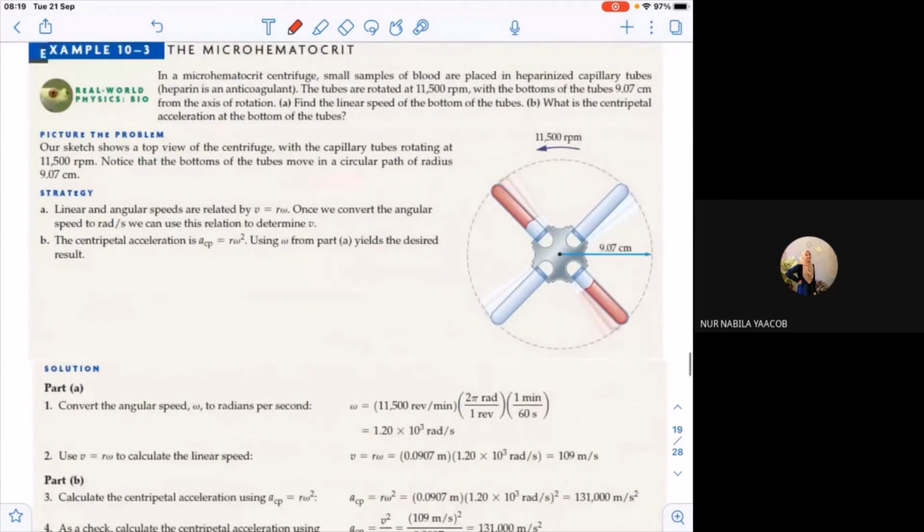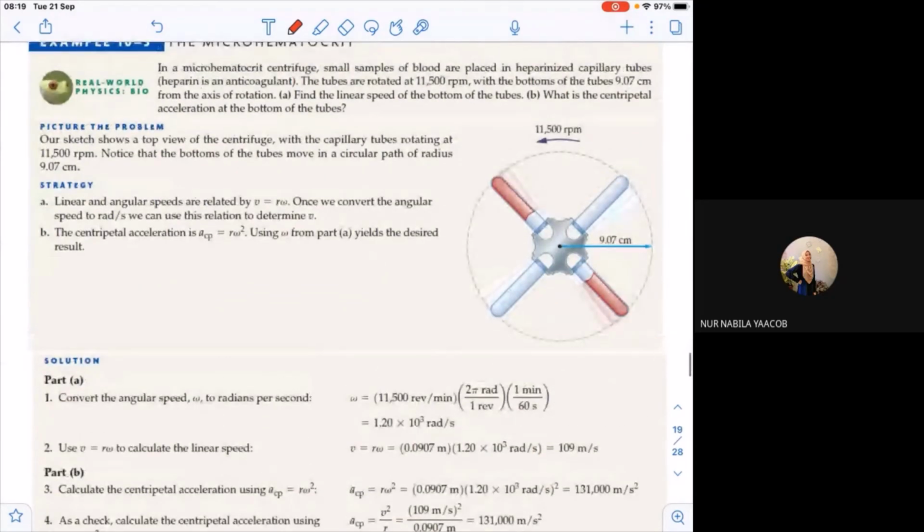Okay, let's look at the situation here. In a micro hematocrit centrifuge, small samples of blood are placed in heparinized capillary tubes.